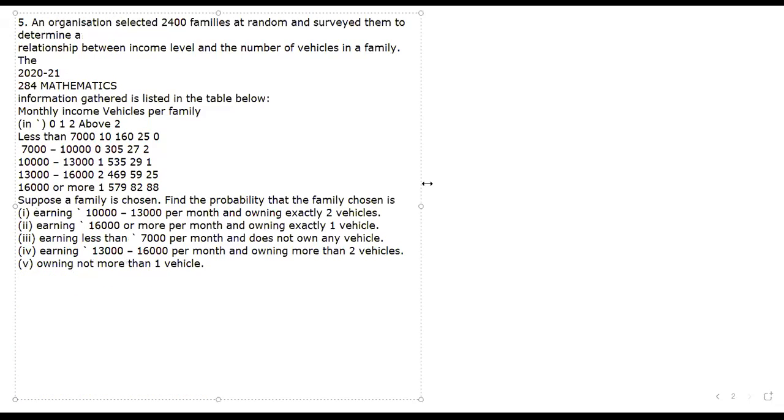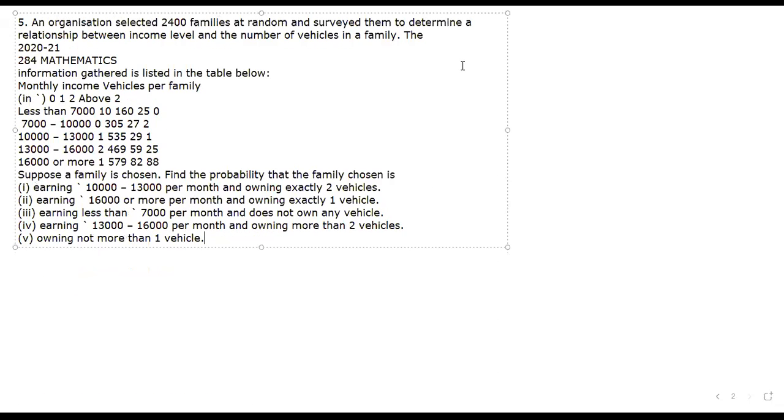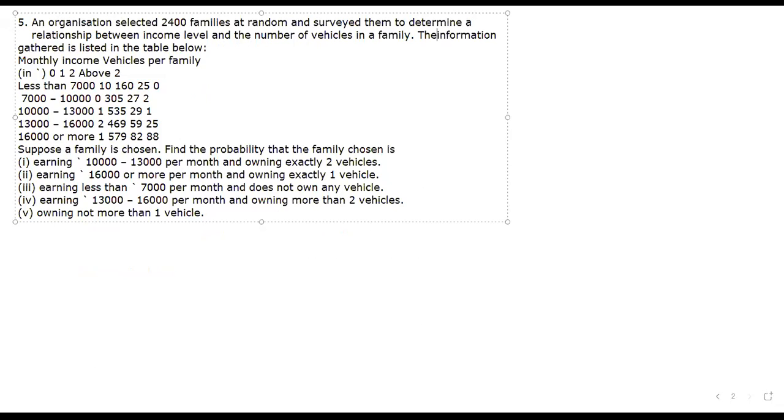I am writing the question, don't worry. An organization selected 2,400 families at random and surveyed them. So total families are 2,400.